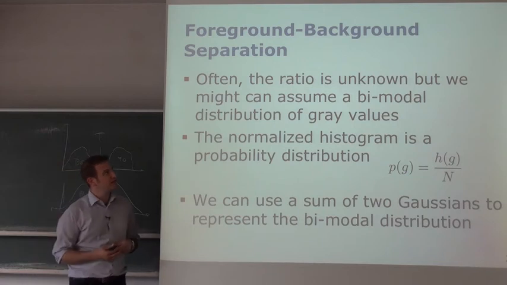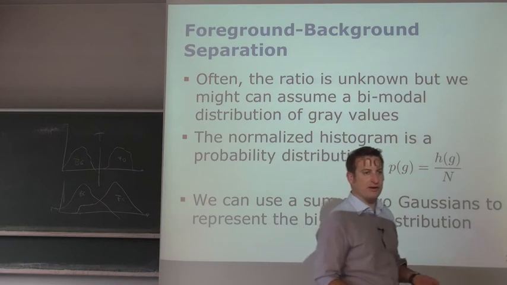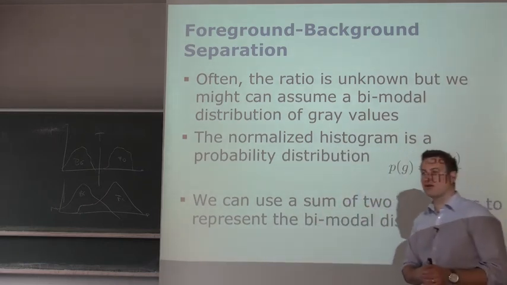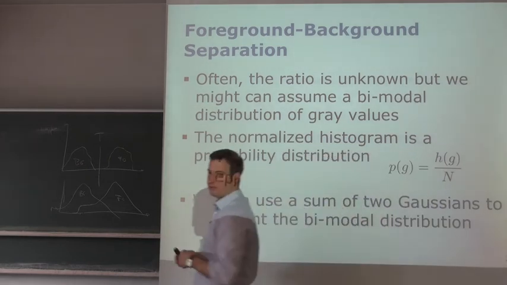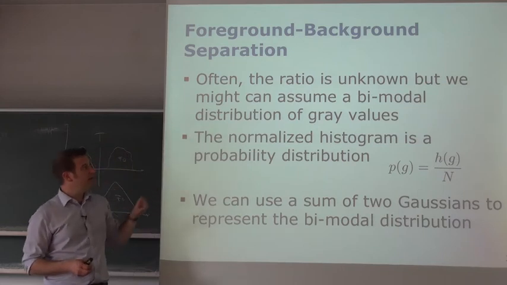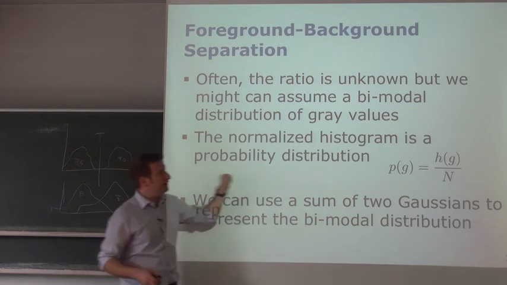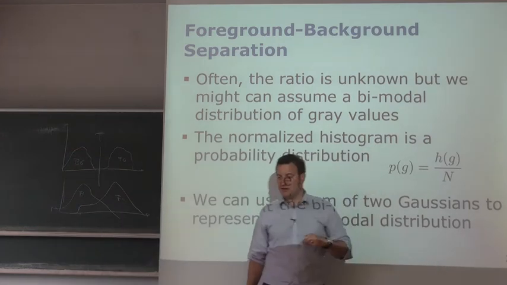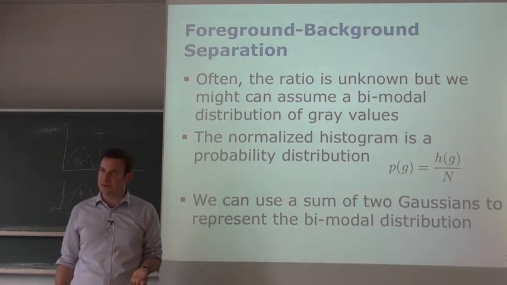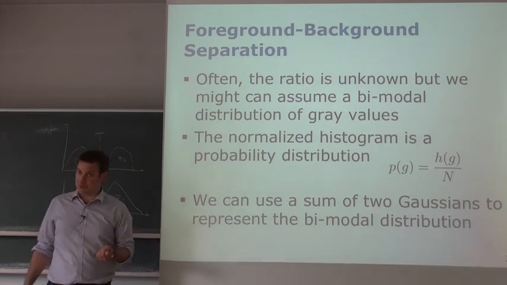But we can still make the assumption that we have a bimodal distribution over the occurring intensity values. So, foreground, let's say, is darker than background, for example, or brighter than background. One way to find the separator here is to go to the probability distribution and approximate the distribution of intensity values for foreground and for background by a Gaussian distribution each.